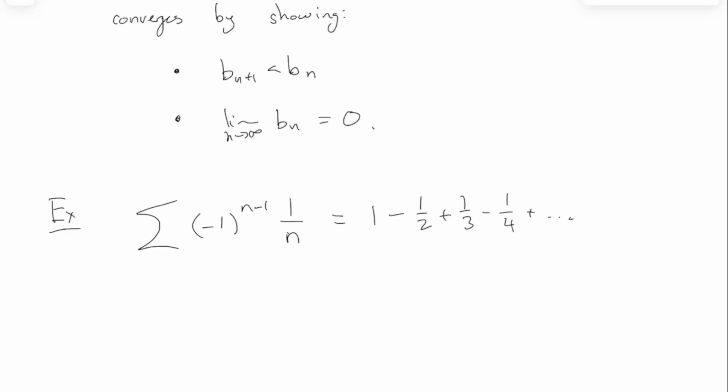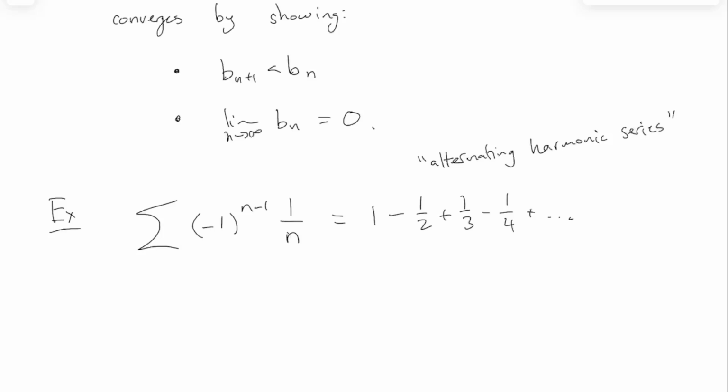This is an alternating series, and this has a name actually. This is called the alternating harmonic series. Just 1 over n, all positive, that's called the harmonic series. This is the same thing, but it alternates the signs.